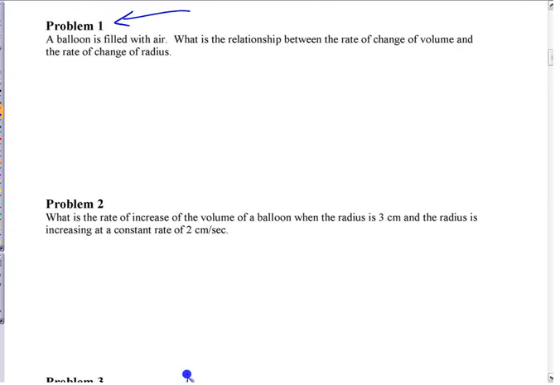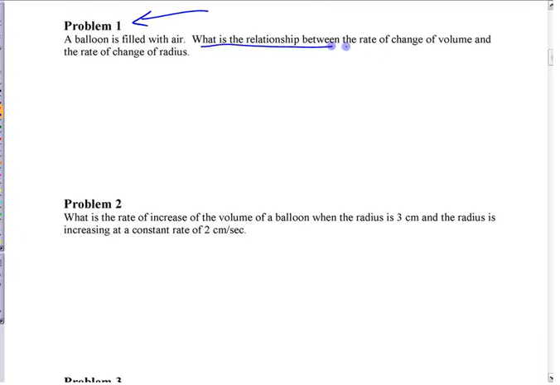This one says, what's the relationship between the change of volume and the change of radius if you have a balloon? You've got to make some assumptions here. Let's assume the balloon is a sphere, even though it might not be exactly a sphere. And it says here, what is the rate of increase of volume? How fast is the volume changing? When the radius is 3 and the radius is increasing at a rate of that.